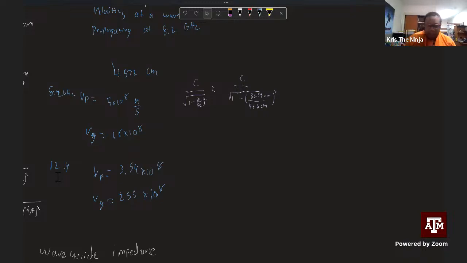So with that, if we remember, the speed of light is 3 times 10 to the eighth meters per second. And we move this over 1, 2, 3, 4, 5, 6, 7, 8. So now we have VP.